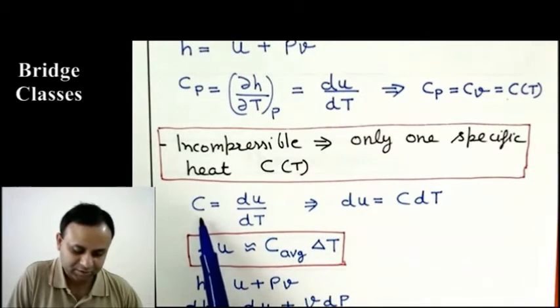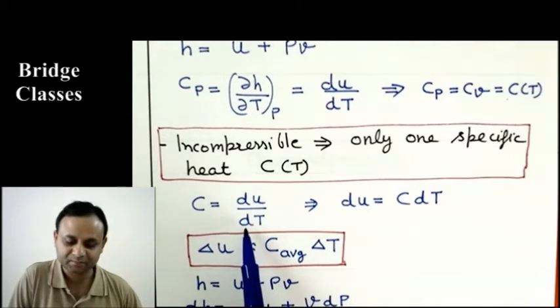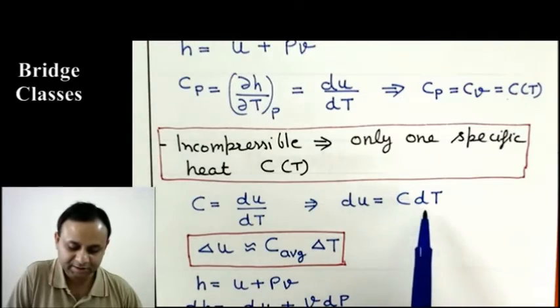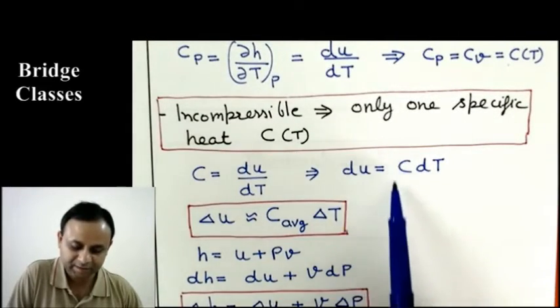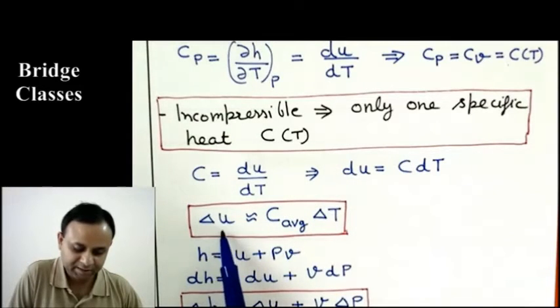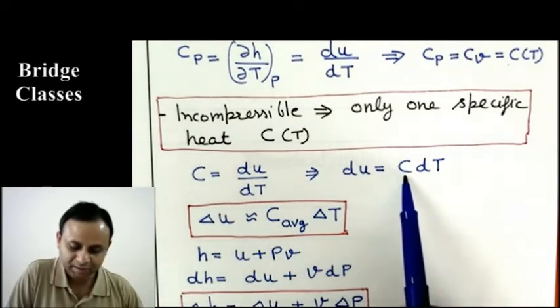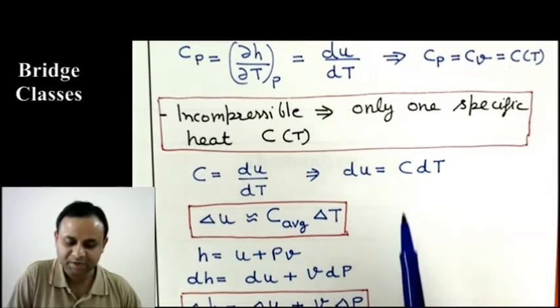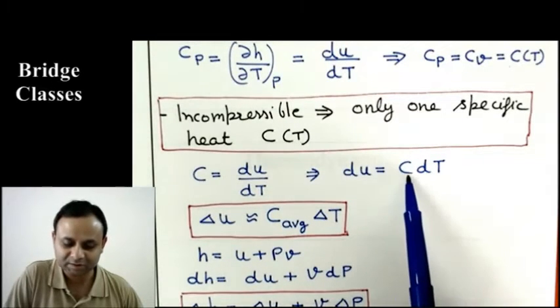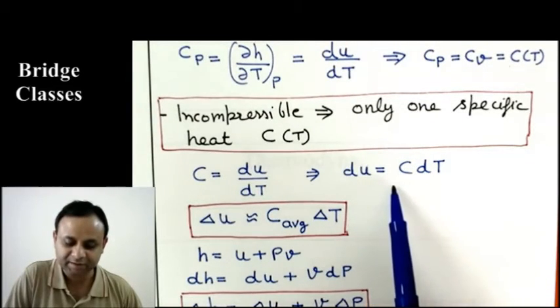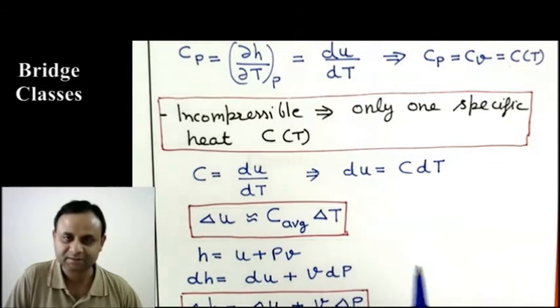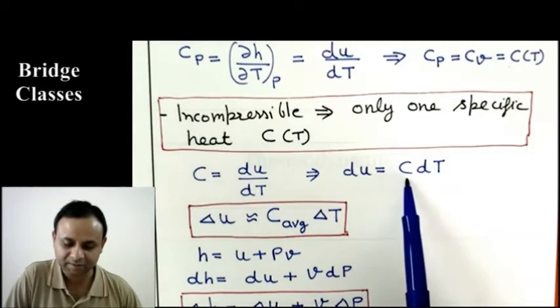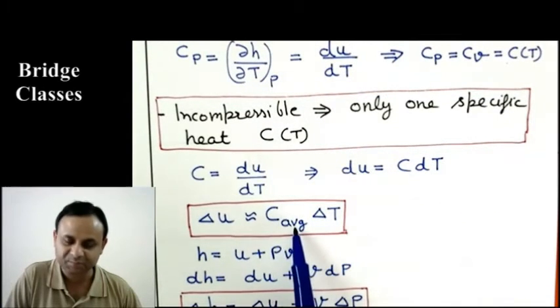Now we got C is dU/dT, or dU is C dT. If we integrate this, dU becomes delta U, and we can take the value of C at some average temperature. Actually C is a function of temperature, so when you integrate this, C is inside the integral, but its variation is not very high, so we can take it outside at some average temperature.